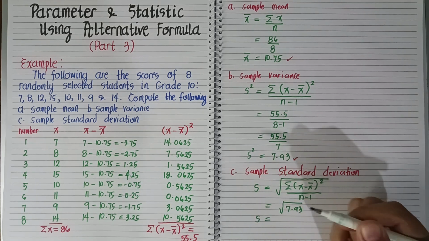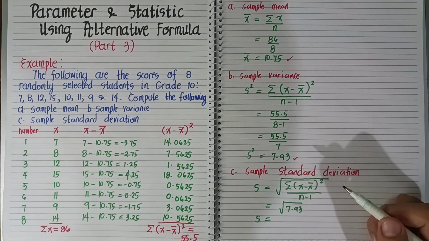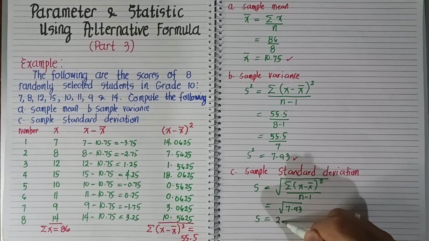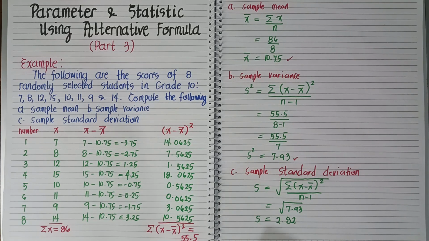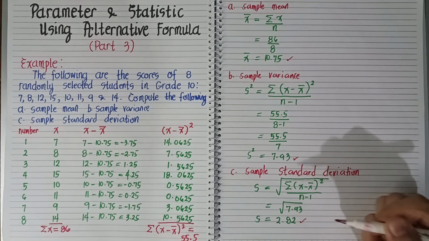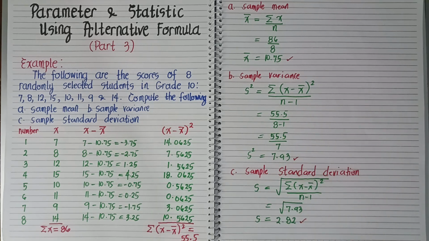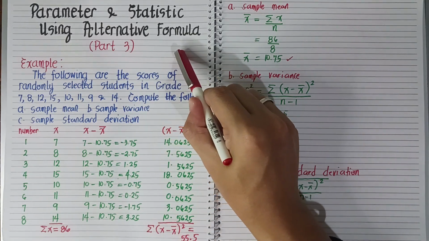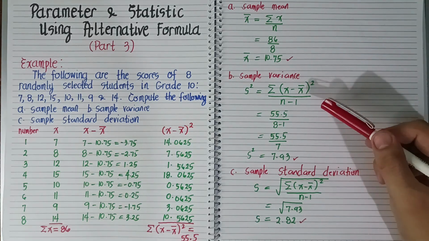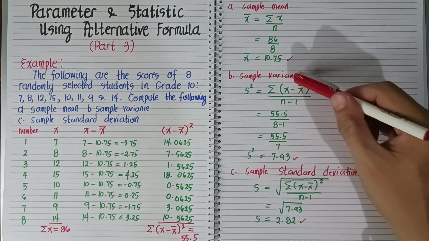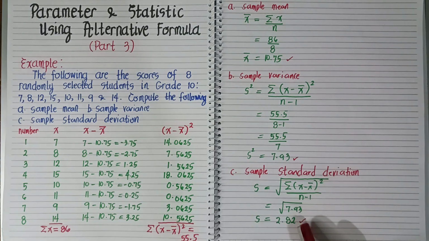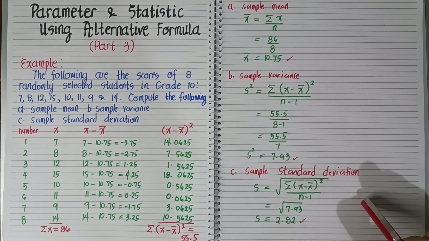So, our sample standard deviation is 2.82. Okay? Nakuha ba? So now, let's use alternative formula or method. Okay? I-prove natin na same yung answer natin sa 7.93 or sample variance and 2.82 for the sample standard deviation.